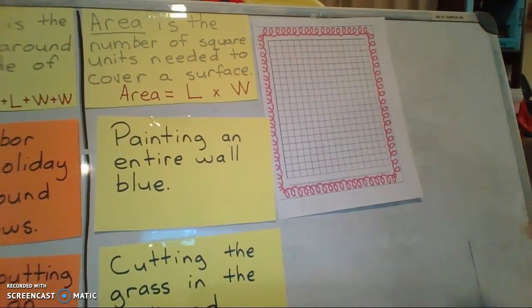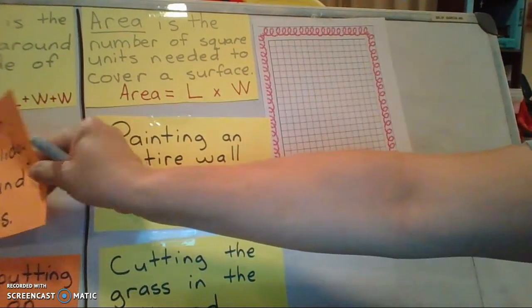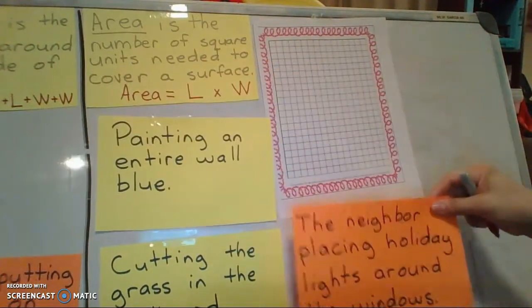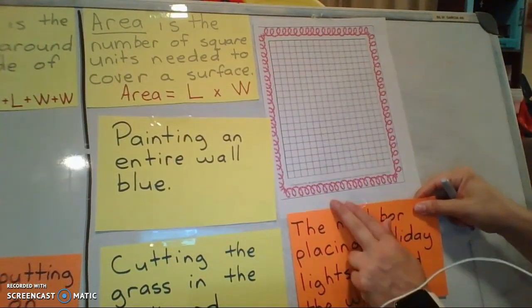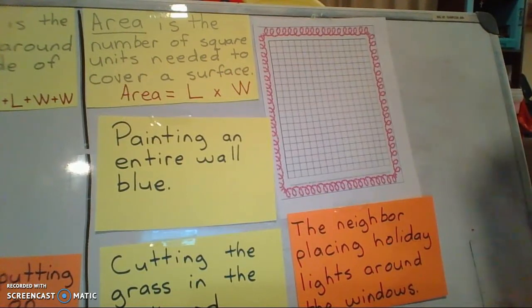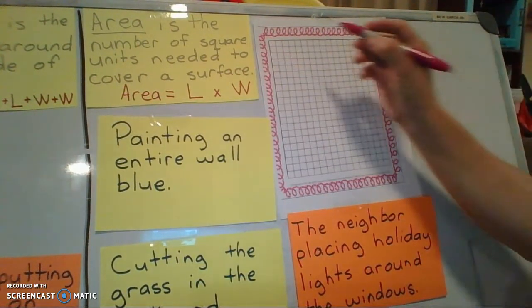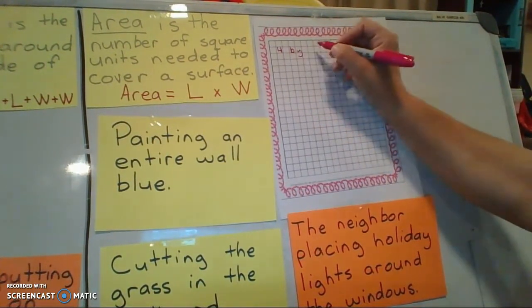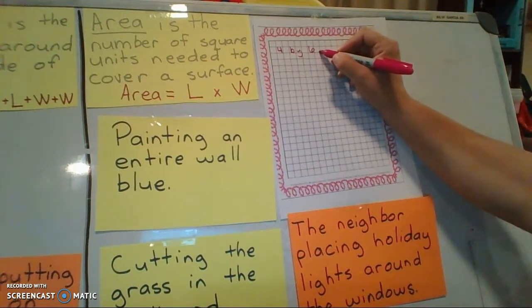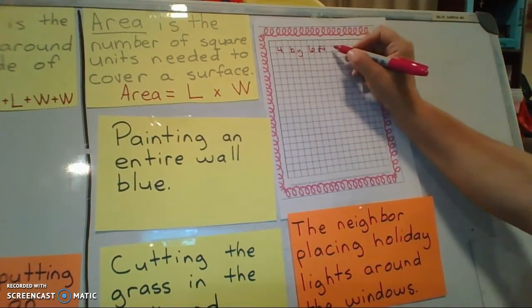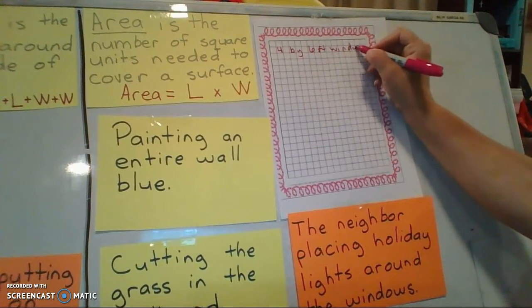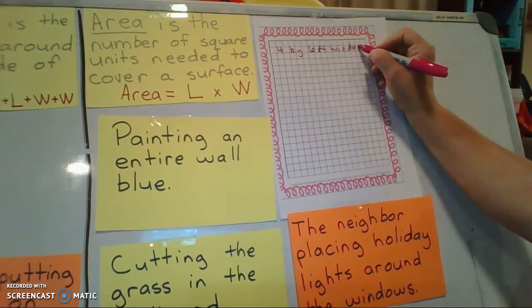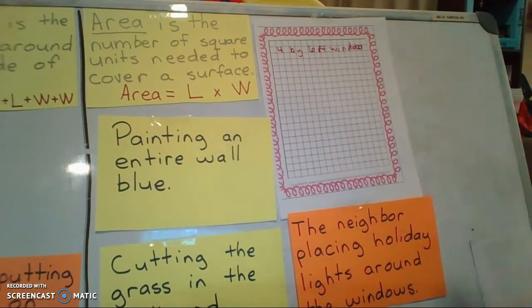So let's say that the neighbor is going to be placing holiday lights around the windows. Let's say that the neighbor's window is going to be a 4-foot by 6-foot window.